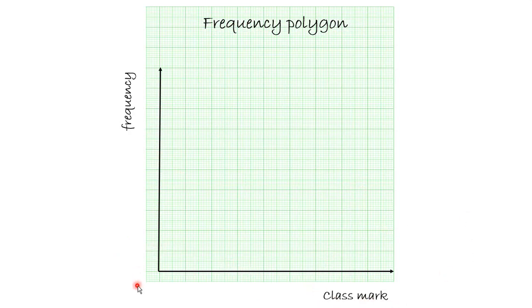Now let us mark off this. First of all, remember the highest frequency is 14. If you look at our data, the highest frequency is 14. So we need to mark off.